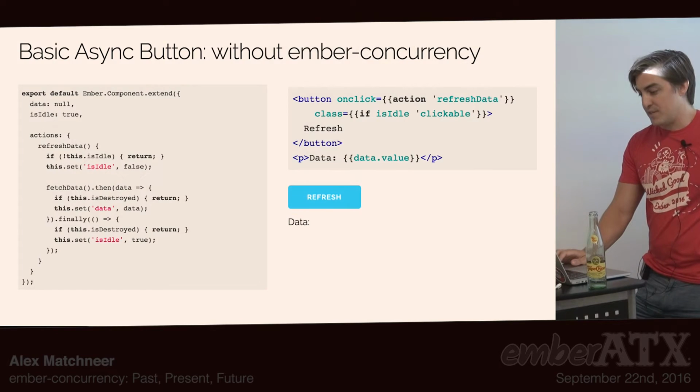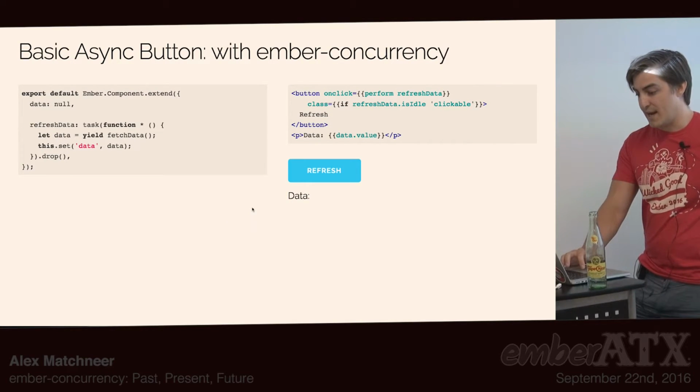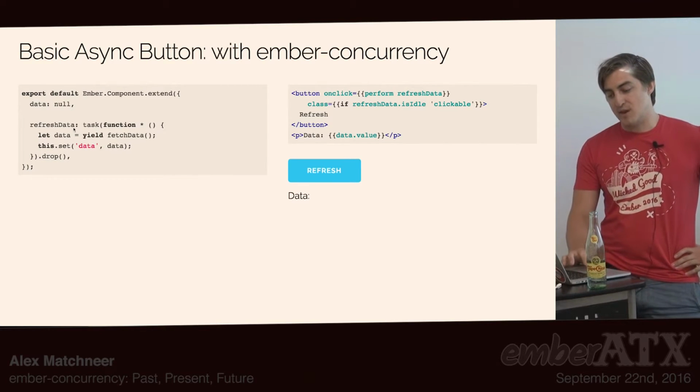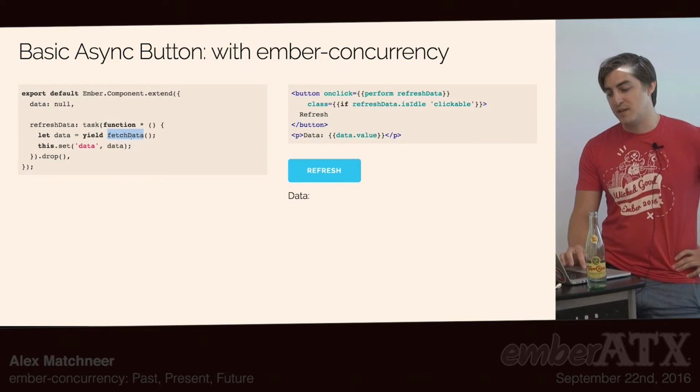So that's the before, and this is the after if you're going to rewrite the exact same thing using an Ember concurrency task, which I'll go into more detail in just a moment. In this case, you have a thing called refresh data. It's a task. It uses this new generator function syntax, which I'll talk about in a second. You call that same fetch data function, but you pause the task right here, and then when the data comes back, you write it to the component just like you did before.